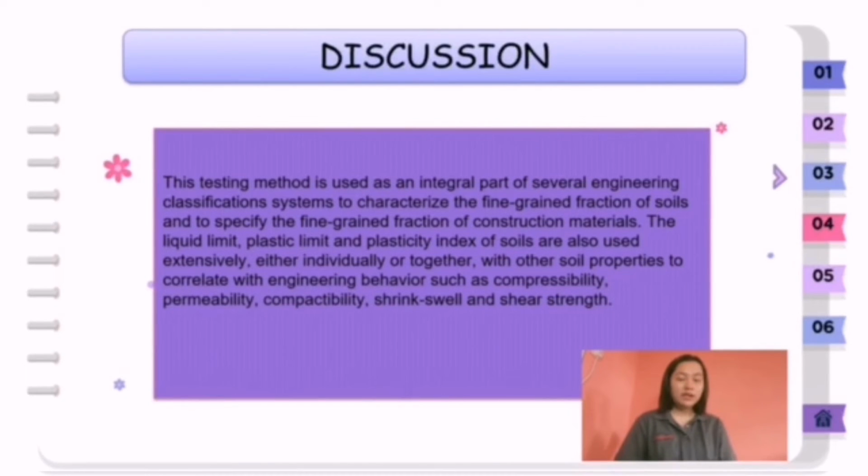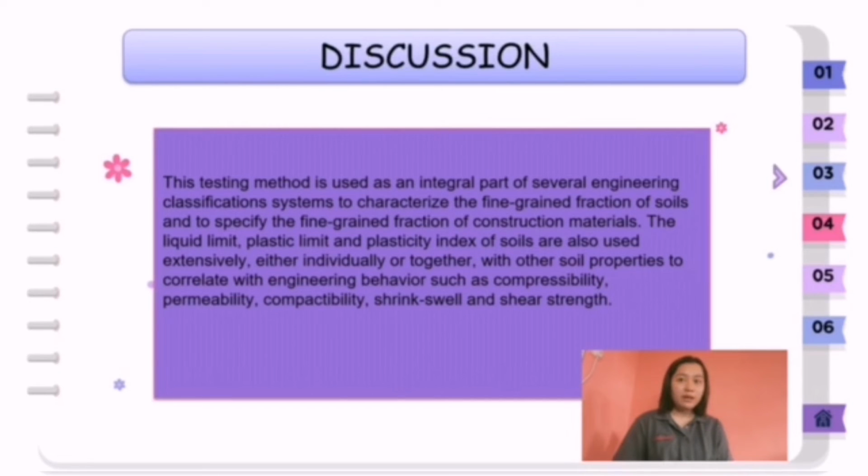So the discussion that I get from the Atterberg limit test is that this testing method is used as an integral part of several engineering classification systems to characterize the fine-grained fraction of soil and to specify the fine-grained fraction of construction materials.